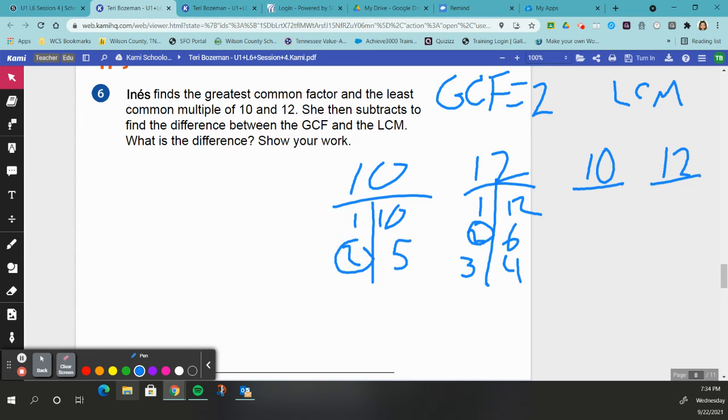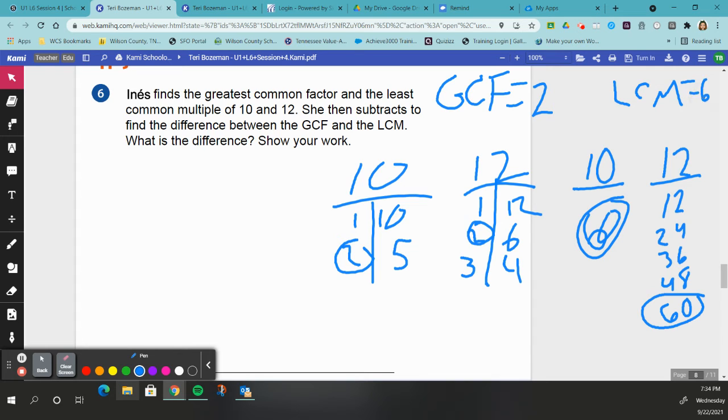So if I list the first 5 multiples of 12, I have 12, 24, 36, 48, and then 60. And I can see that that's the first number that has a 0. So the least common multiple here is going to be 60.